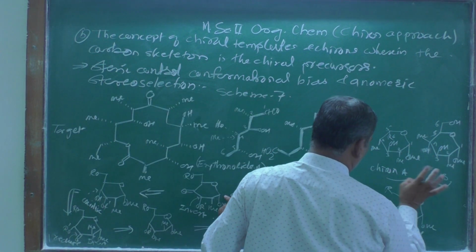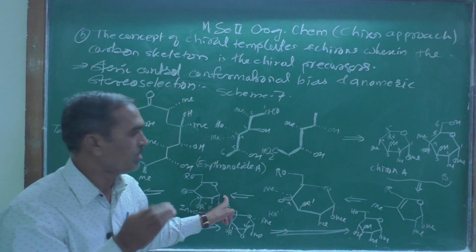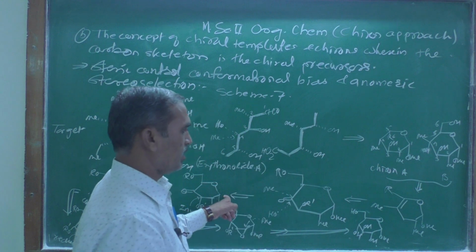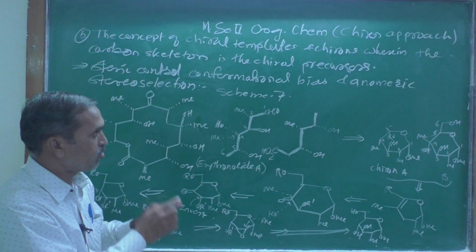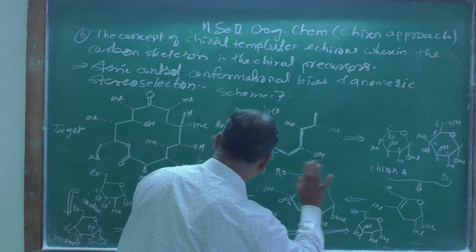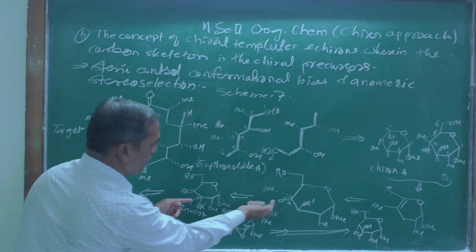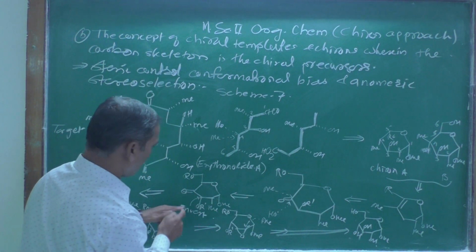This is an anomeric carbon, and a methoxy group is present over there at this anomeric center; this one we are keeping as it is throughout. And now this one again inverted, so Me over there.